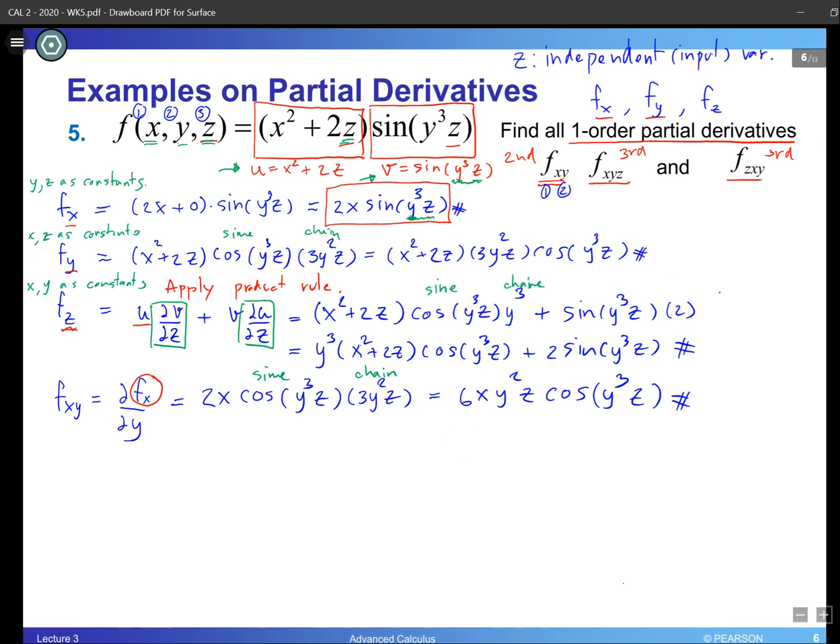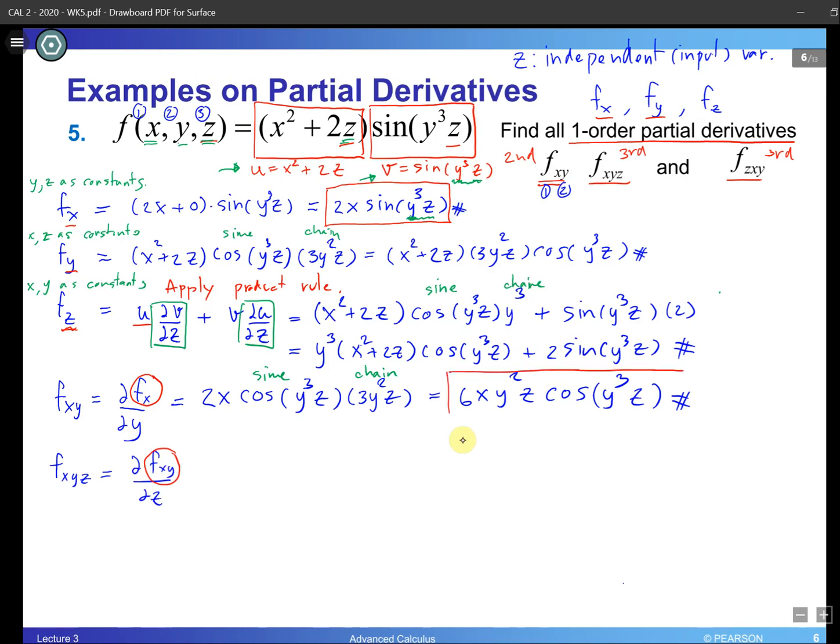Okay, now let's move to fxyz for the next one. That's going to be the third order partial derivative. F with respect to x first, and then y, and then z. Which means that we are going to need to differentiate f of xy with respect to z. And we need this expression f of xy, and we have it right here.